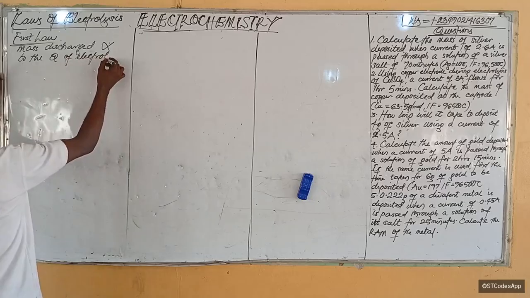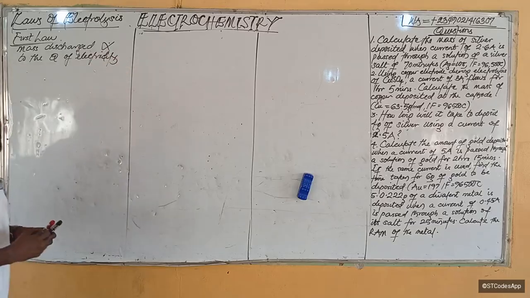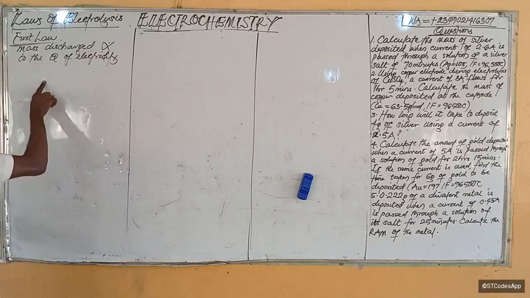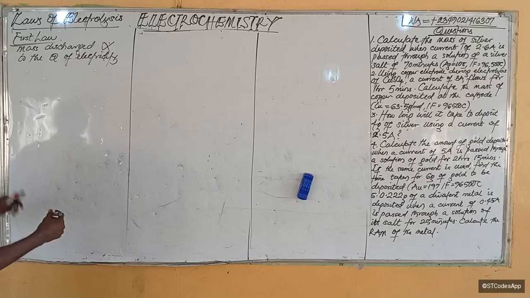Quantity of electricity passed through the solution of the electrolyte, provided that the electrochemical equivalent is kept constant.